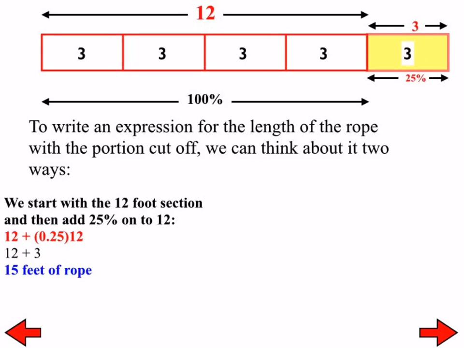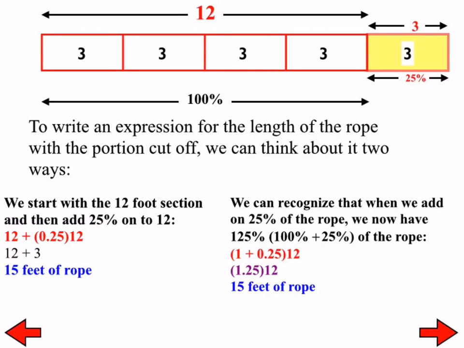The other way of thinking about that is you start with 100% and you're adding on 25% to that, so that gives us a piece of rope that is now 125%. And so that's where this expression comes from. 100% plus 25% as decimal values leads us to 1 plus 0.25.